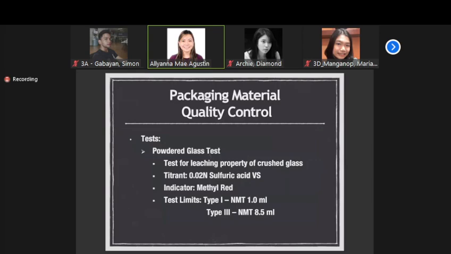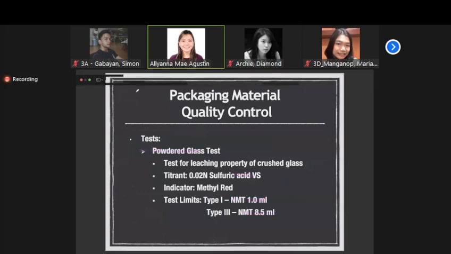Literally, you crush the glass and then titrate it with an acid. The titrant you use should be not more than 1 ml for type 1 and not more than 8.5 for type 3. So it should be neutralized by less than the said volume of titrant.